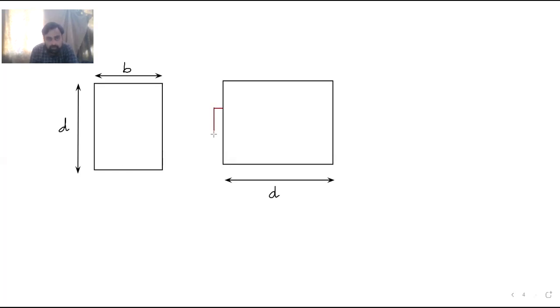Along the length, you can see it like this.